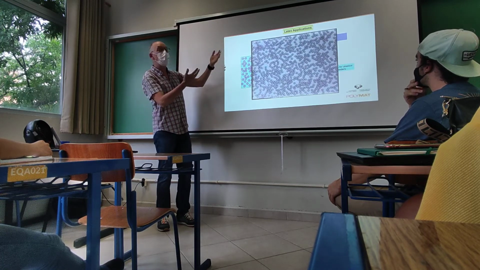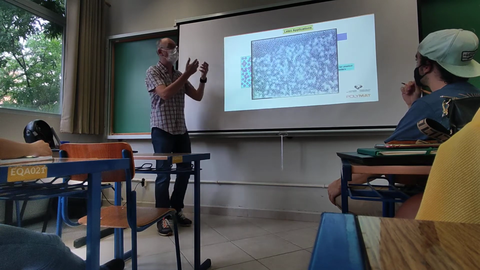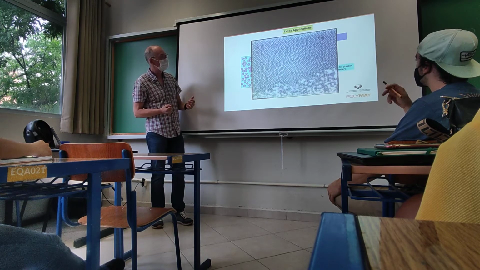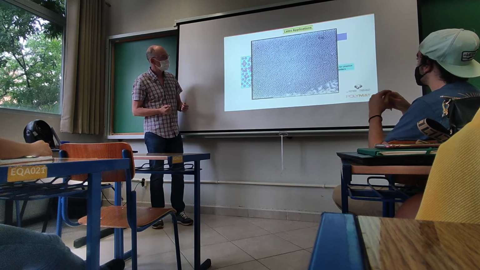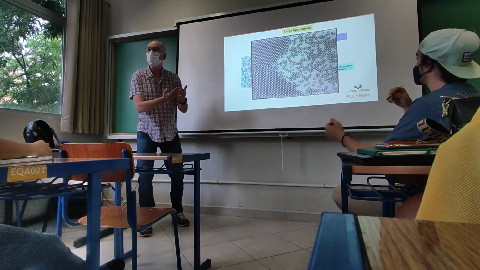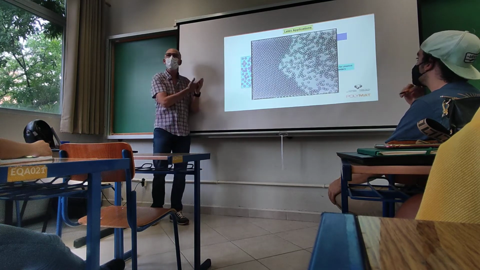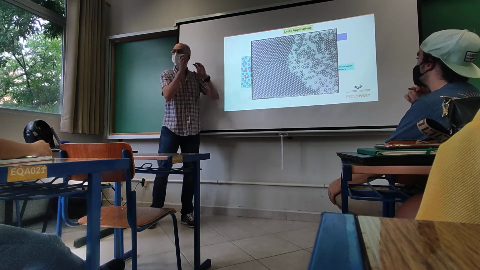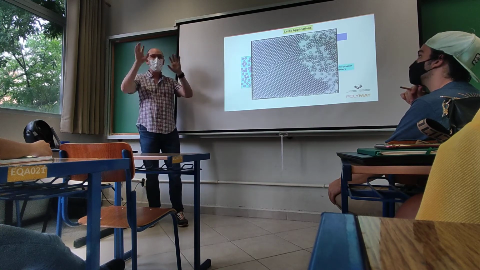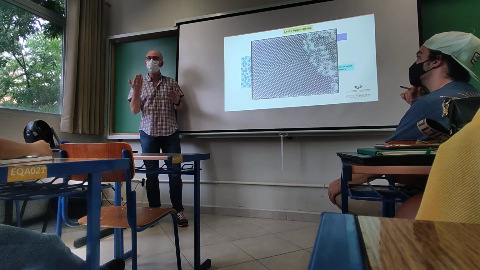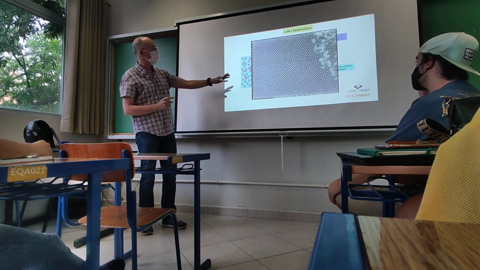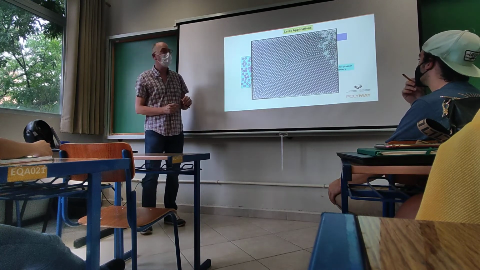So the less water you have, the more slowly the particles will move, and they start packing. Depending on how fast you do the evaporation, you may achieve more order of the particles. If you dry too fast, the particles will be in any configuration. But if the drying is done slowly, the particles can organize in crystals, like you see here. So this is a slow evaporation.